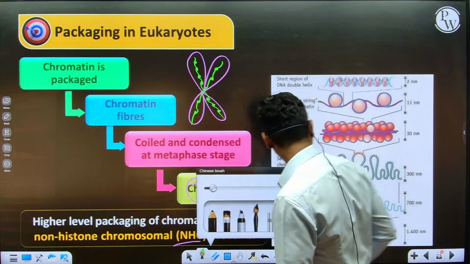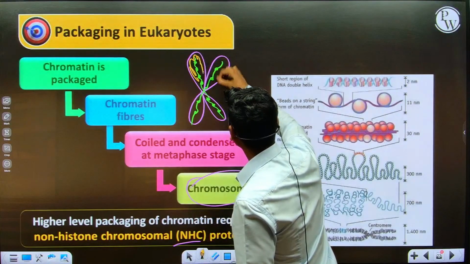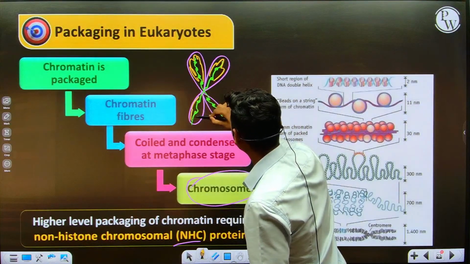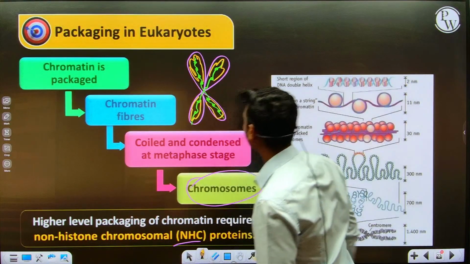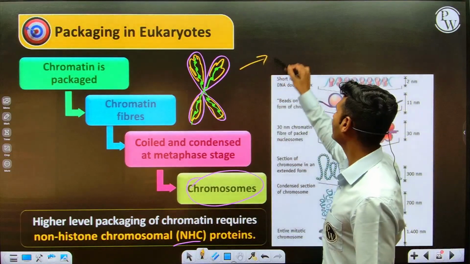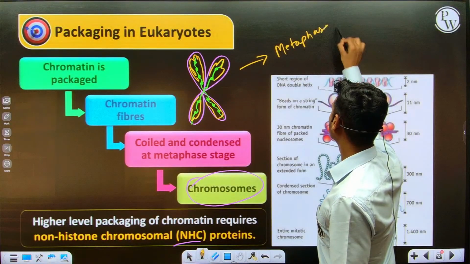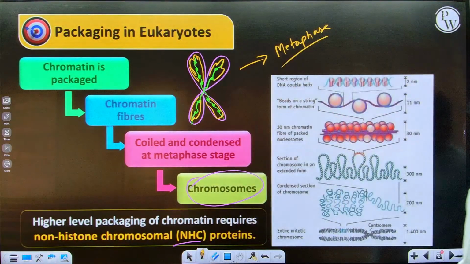Now we need some non-histone protein also here to pack this chromatin fiber in the chromosome, and it is observed in the stage of metaphase of karyokinesis.